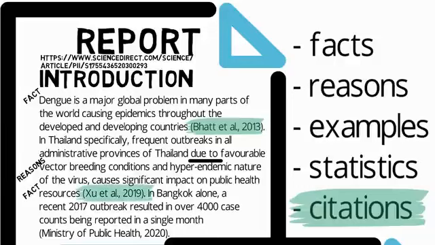In Bangkok alone, a recent 2017 outbreak resulted in over 4,000 case counts being reported in a single month. So that's a statistic, again supported by a citation, Ministry of Public Health, 2020. And this is very much a quality of academic writing, the use of in-text citations. So being able to cite and reference sources appropriately is a key skill that any academic writer needs to learn.